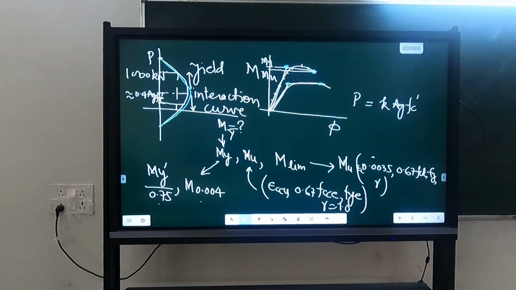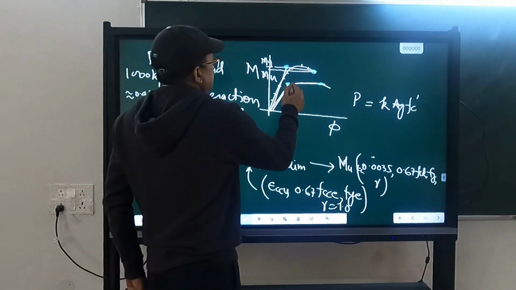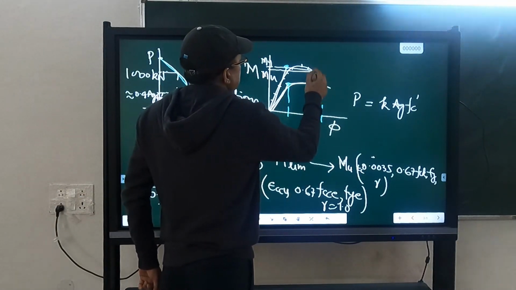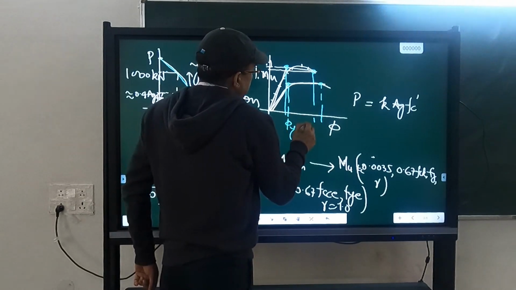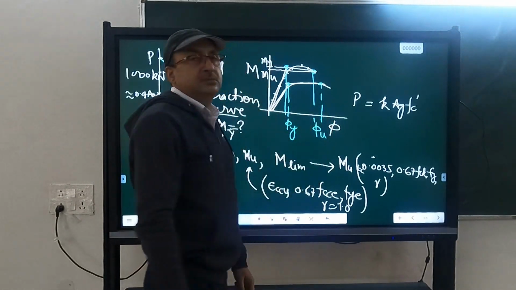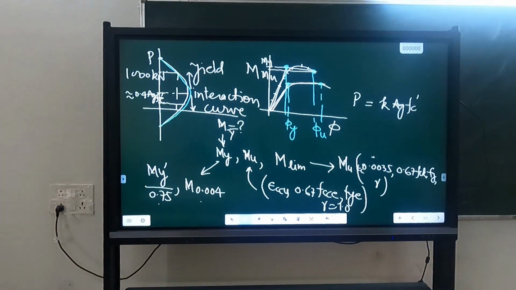So there is not much difference between My and Mu, but there is a lot of difference between phi y and phi u, and hence theta y and theta u. So don't assume that, sometimes we get this confusion because we are habituated to think in linear terms.